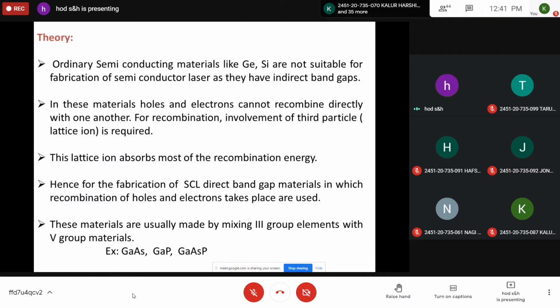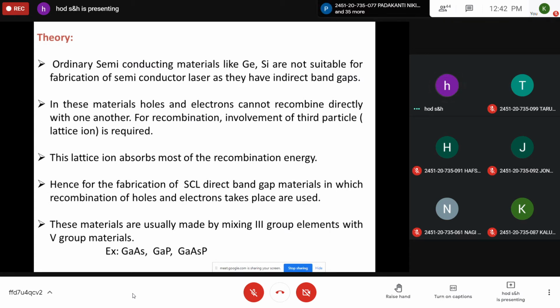So they will not produce any laser in this case. For the fabrication of SCL, direct band gap materials are used, which are combinations of third and fifth group elements such as gallium arsenide, gallium phosphide, gallium arsenide phosphide. These are used for the fabrication of semiconducting laser.